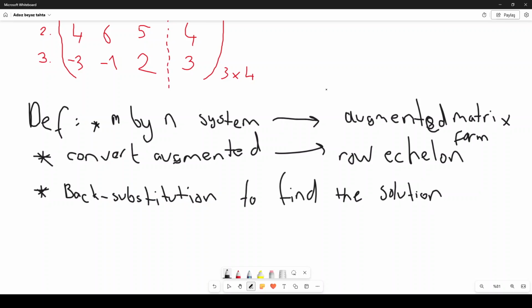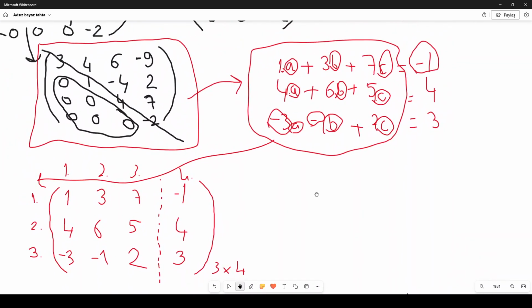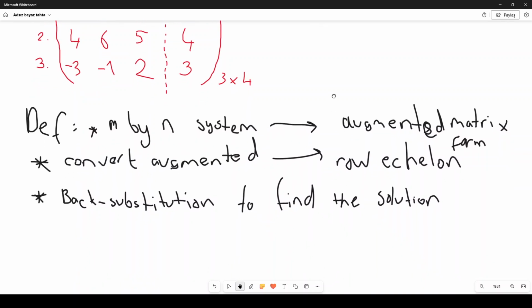Now we know the basic steps in order to solve a system of linear equations by using the Gaussian elimination method. We are given an m by n system where m is the number of equations and n is the number of unknown variables, and we try to find an n-tuple that satisfies all the equations at the same time.